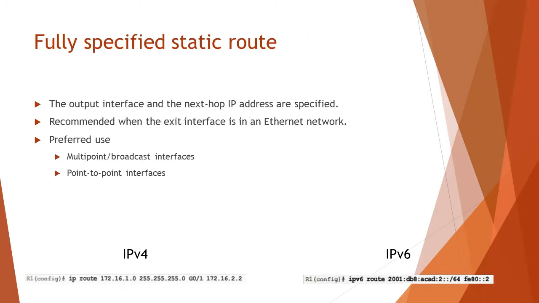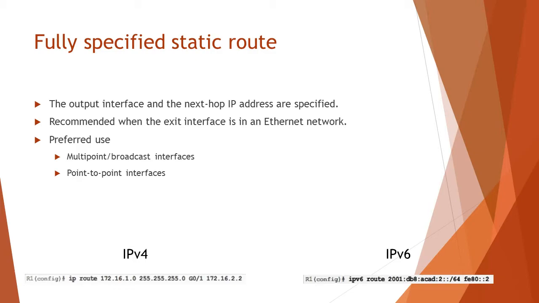In a fully specified static route, the output interface and the next hop IP address are specified. This is used when the output interface is a multi-access interface and it is necessary to explicitly identify the next hop. The difference between an Ethernet multi-access network and a point-to-point serial network is that the latter has only one other device on that network.